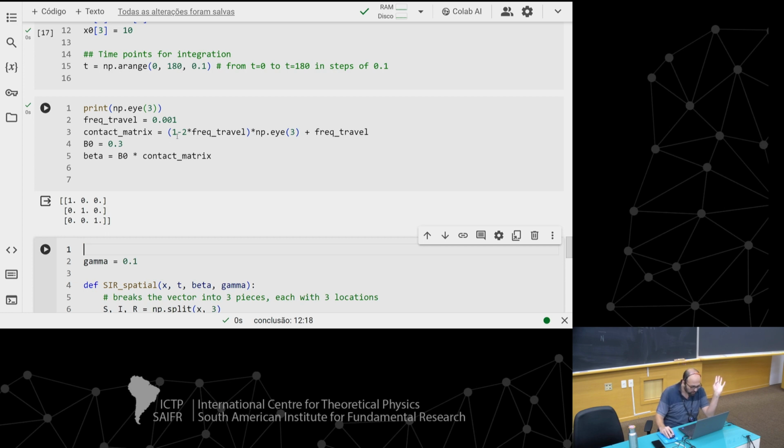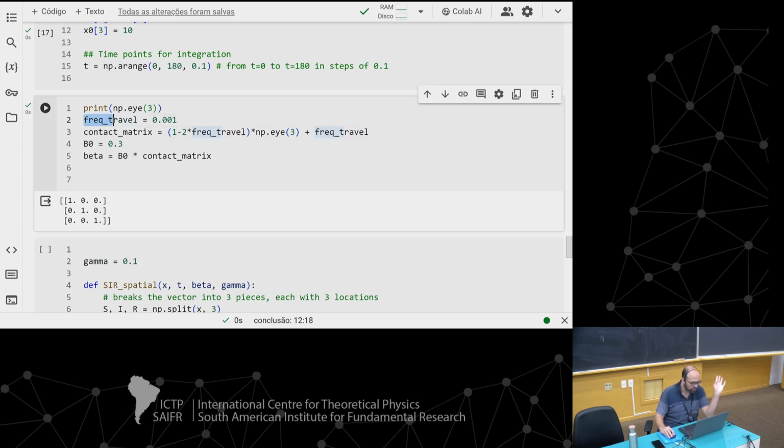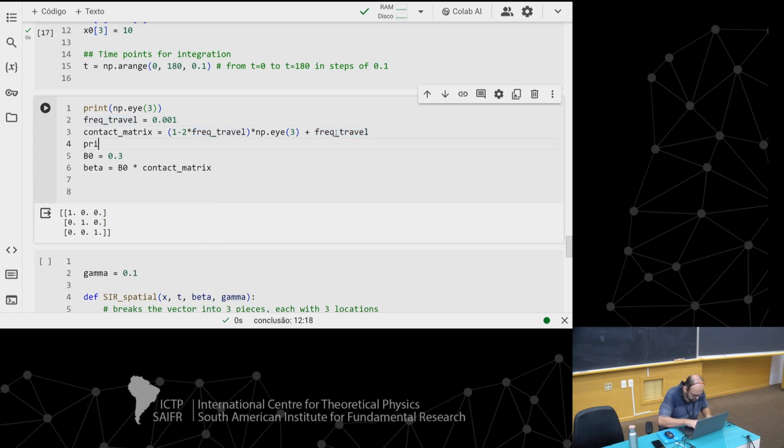But now I'm saying there's a frequency of travel between cities. So what do I do? I have 2 other cities, so I'll subtract 2 times this frequency from the main diagonal and put it in all of the others. Let me print this contact matrix after doing this calculation.